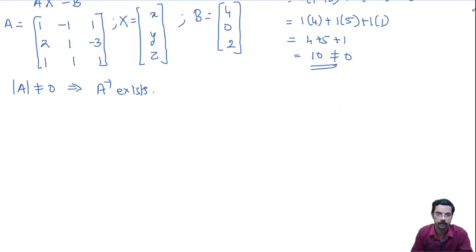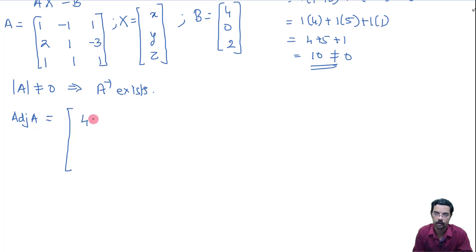First of all we will find out the adjoint of A. How to find out the adjoint of A? We will replace each element of A by its cofactor. So we will replace this by 1 minus 3, 1 plus 3, that is equal to 4, right?